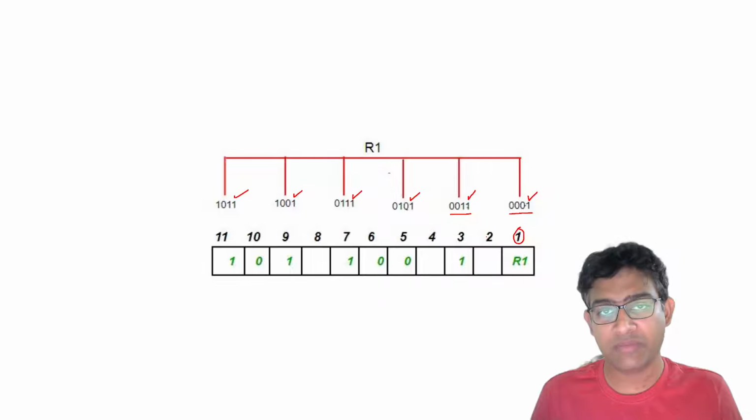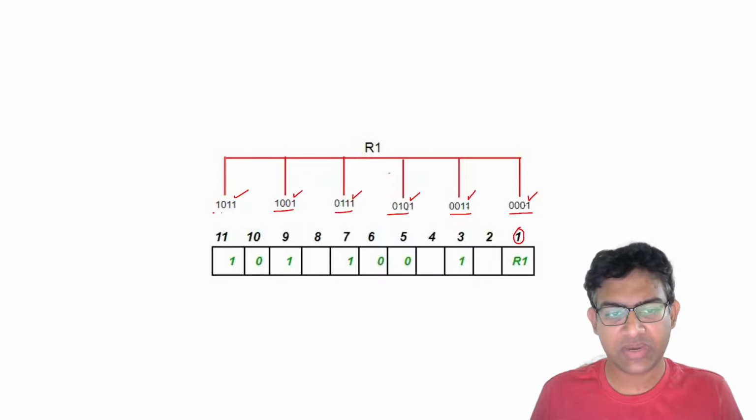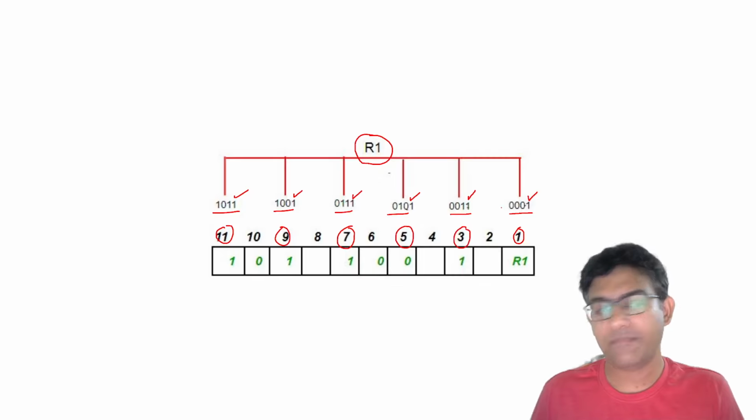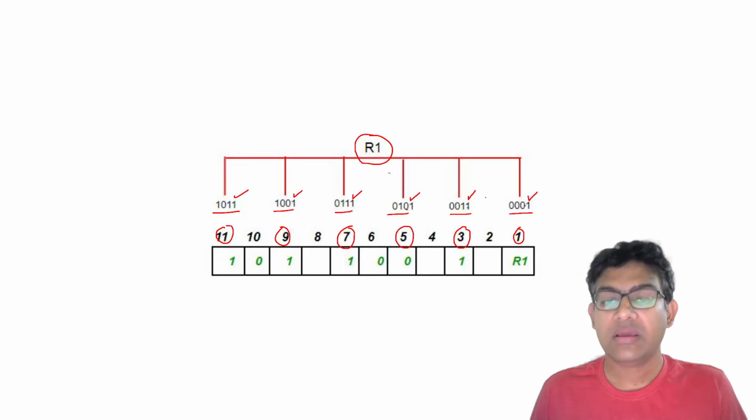But if you write 2 in binary, it is going to be 0 0 1 0. The last bit is not 1. So in all of these cases, the last bit is 1. So to calculate R1, we need to consider these bits. These bits have to be considered, okay? Basically every alternating bit, right?